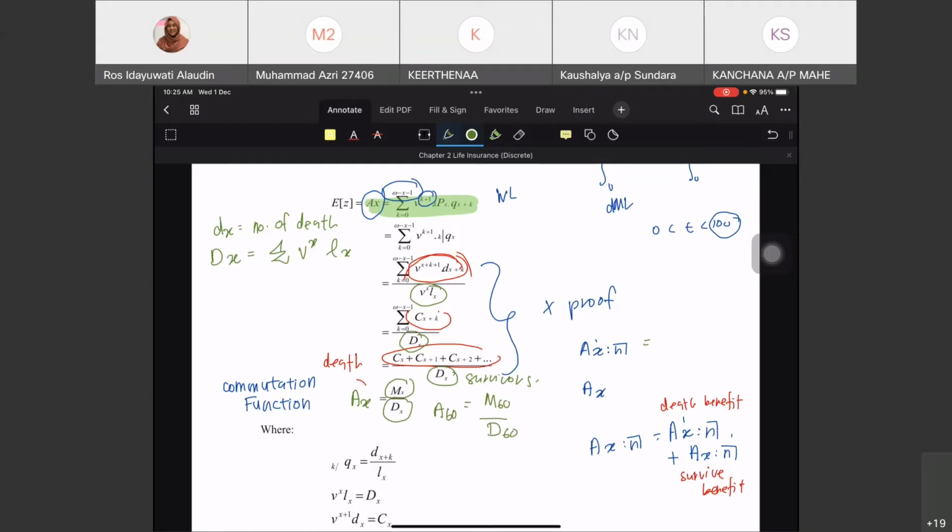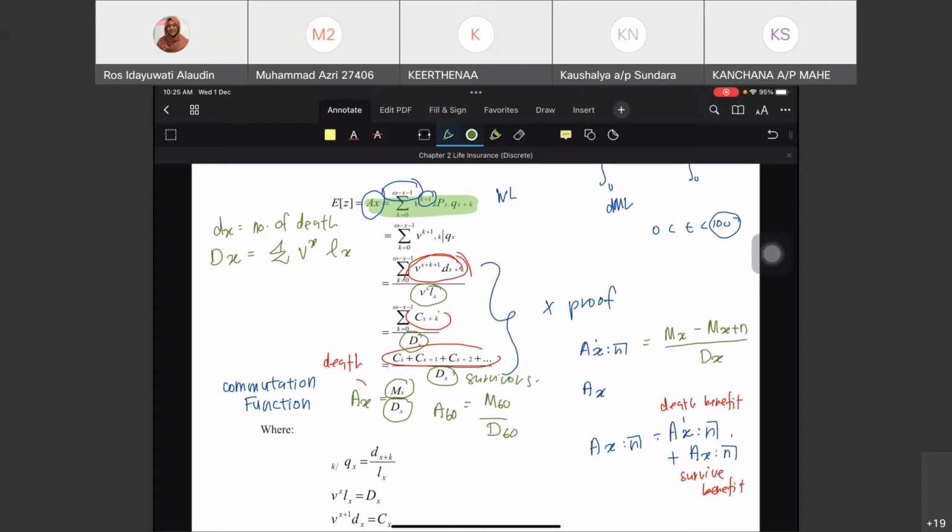Okay, so for the term case, we have MX minus MX plus n over DX. Because we have limited period, we only have from x to x plus n for the term insurance.